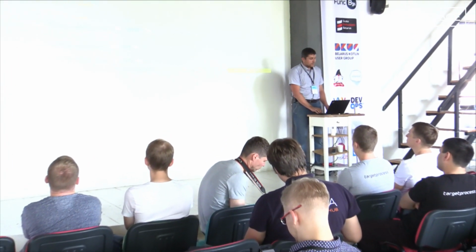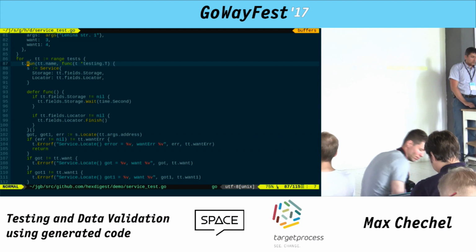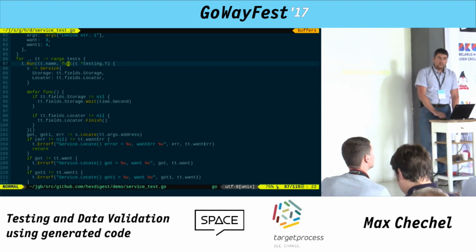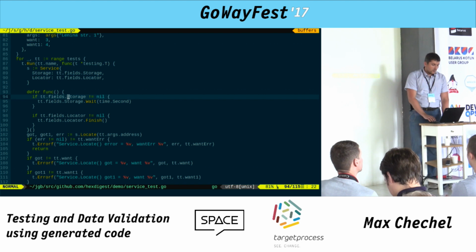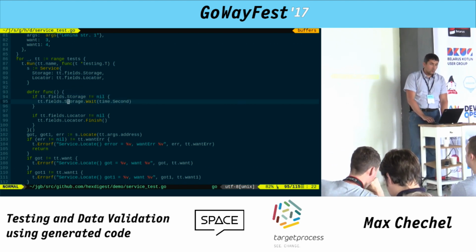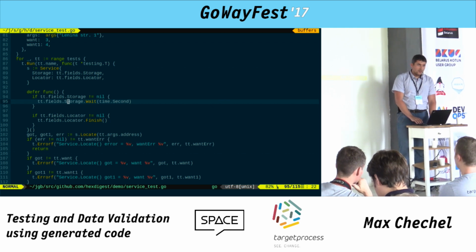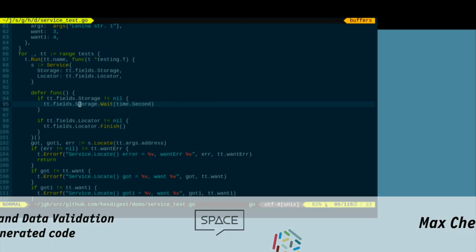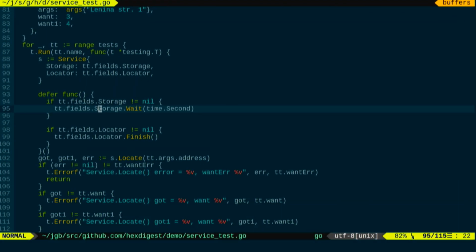Okay, so here we're actually running our test via the trun function, right? And we are making a deferred call to the wait method. So when the test case is complete, it will wait until wait ends.